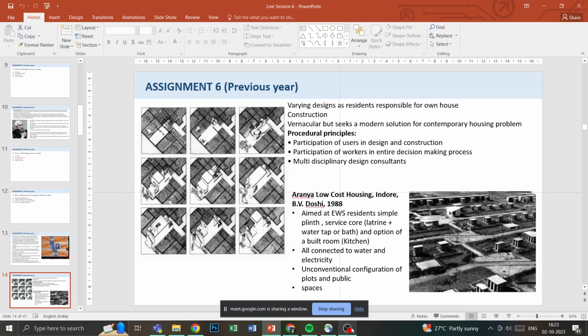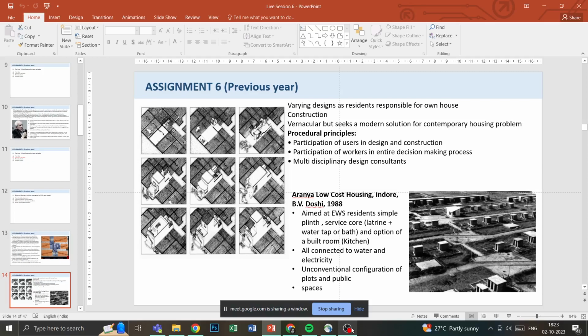So, talking about sites and services, varying designs come up because residents are responsible for their own house. Varying designs come up as per their need and the style they want to incorporate. The style will be vernacular because people are getting it constructed on their own, but they seek a modern solution for the contemporary housing problem.